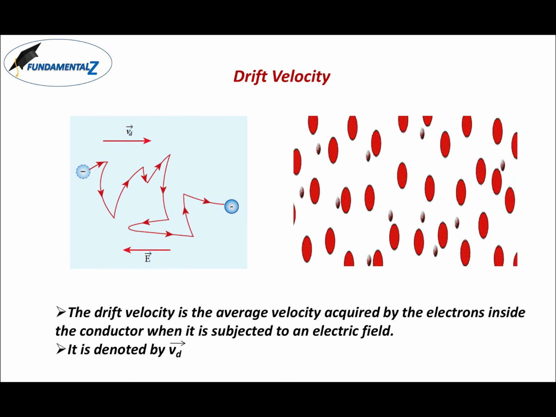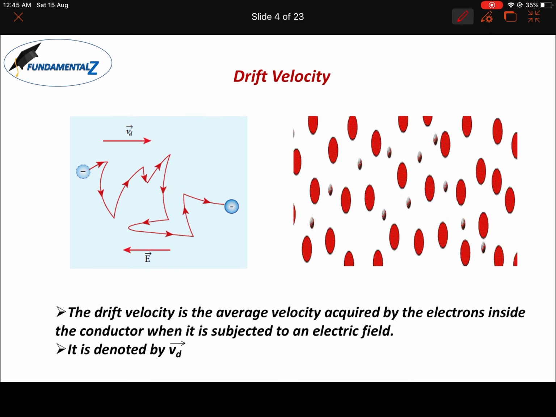So in summarizing, we can say that drift velocity is nothing but the average velocity that is acquired by the electron within a conductor when it is subjected to an electric field.